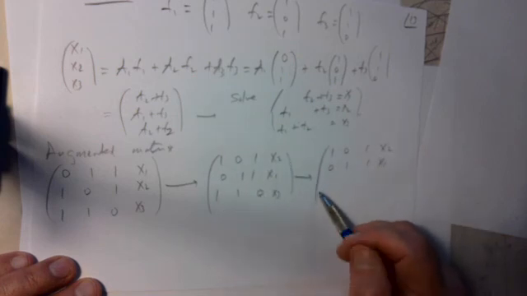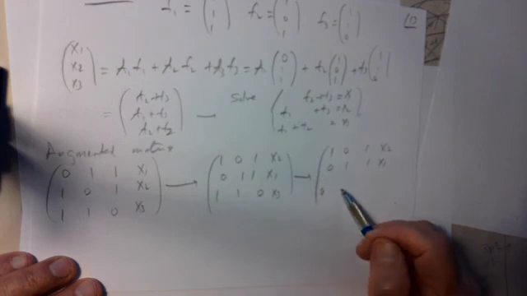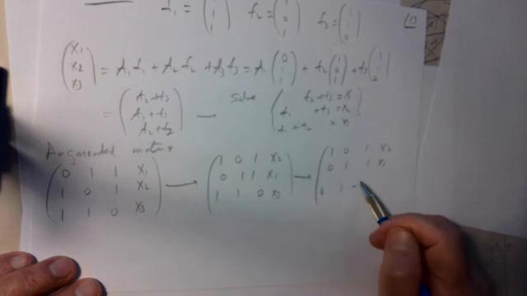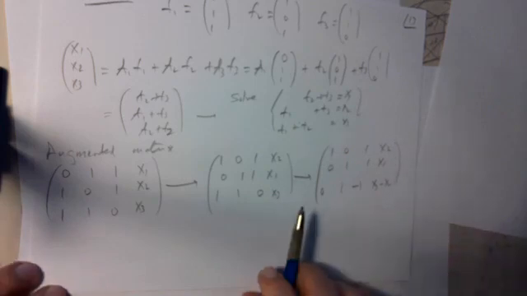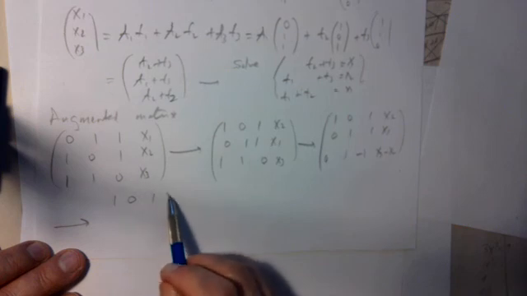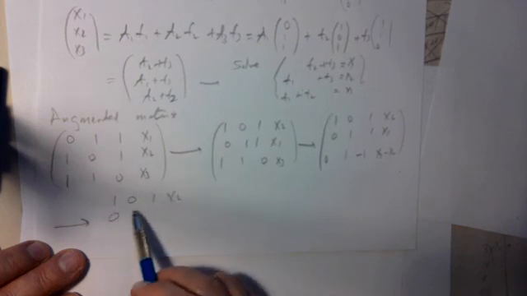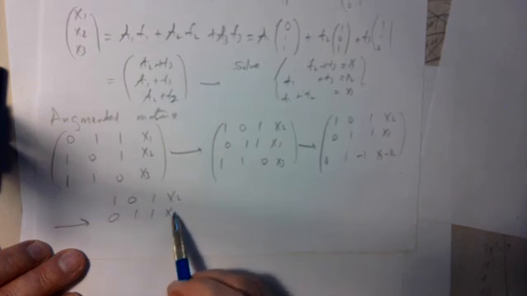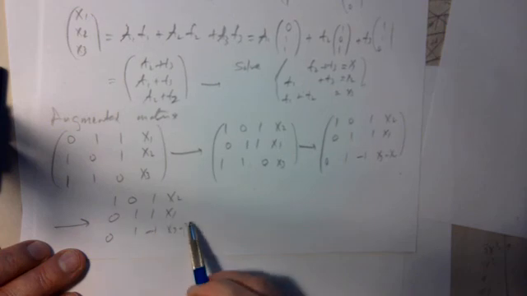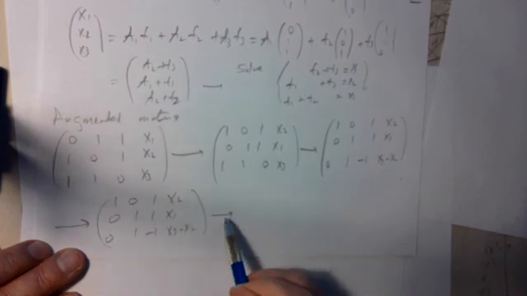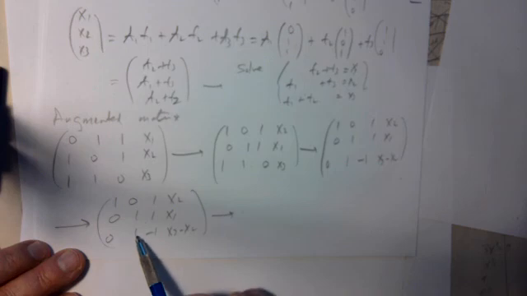So 1 minus 1 is 0. 1 minus 0 is 1. 0 minus 1, and x3 minus x2. And then the next step will be to get a 0 here.